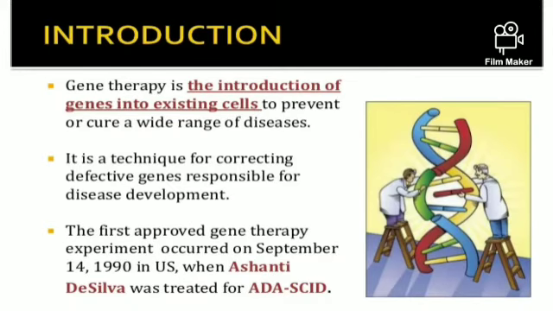It was when Ashanti De Silva was treated for SCID. This is a type of disease where the hormone is not secreted inside the body, so they used gene therapy to cure it.